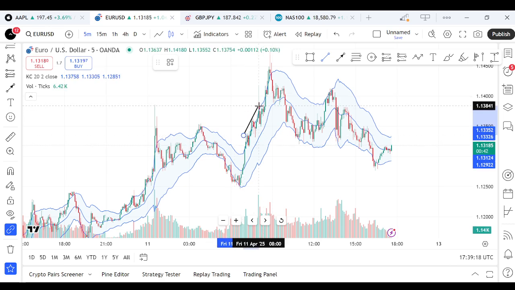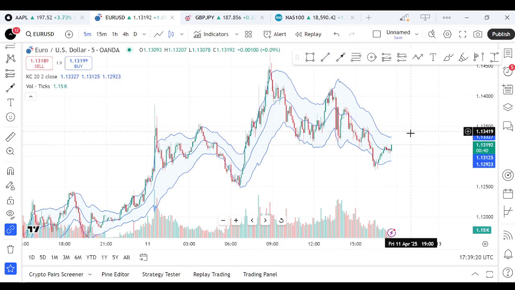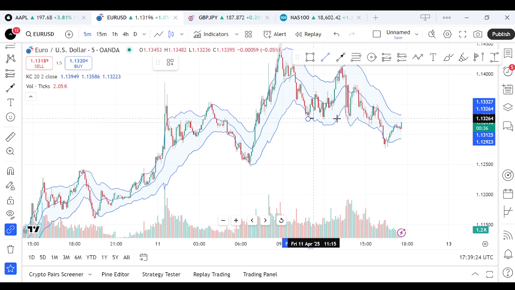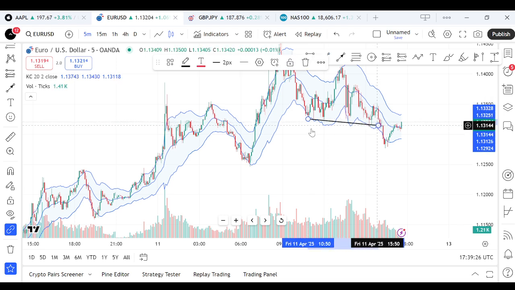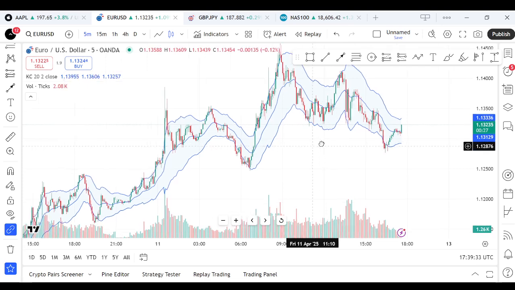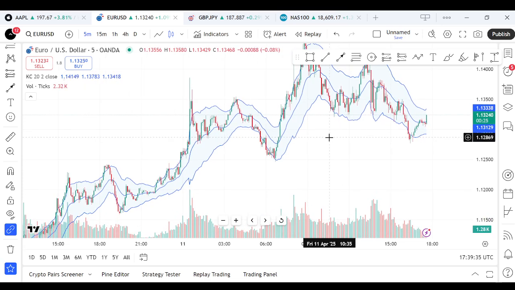Same thing happening here. And for the lower band, we can also use it for support. You see the channel serving as support and price failing to break below the channel. So all of these can be used as dynamic support and resistance.